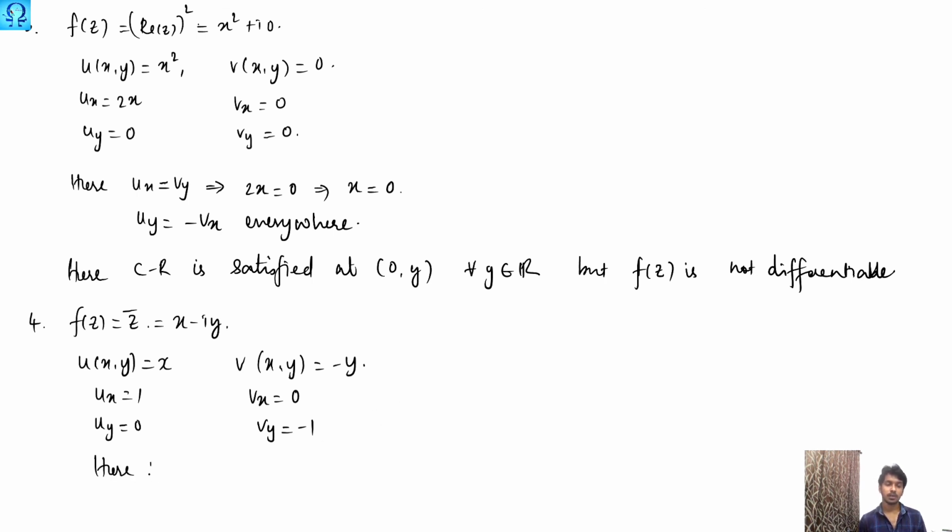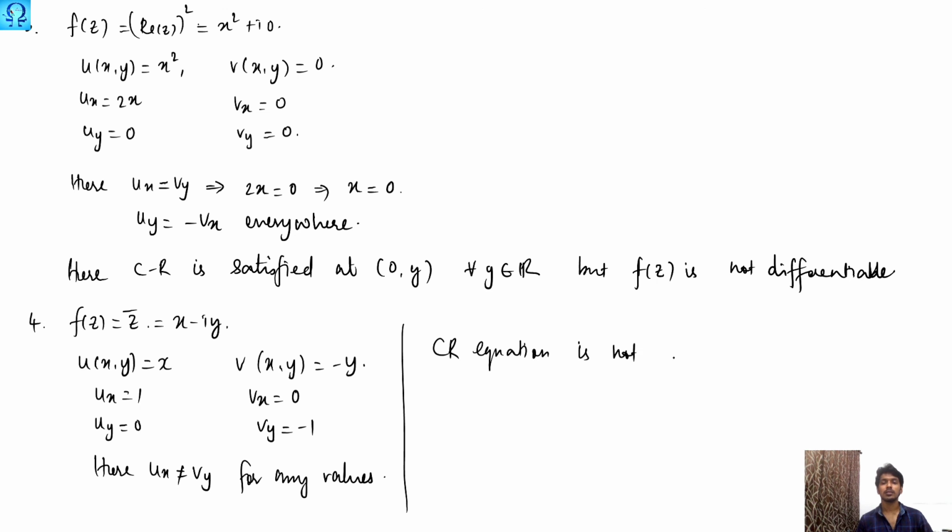Here ux is not equal to vy for any values. So if at least one of the conditions is not satisfied, then we come to the conclusion that the CR equation is not satisfied.